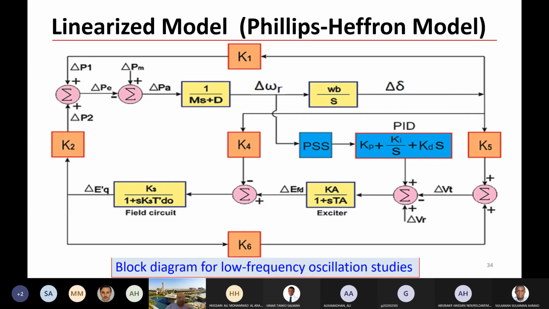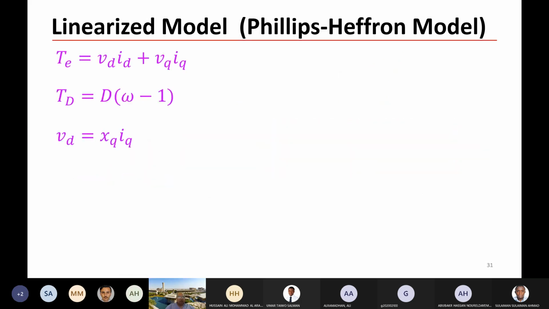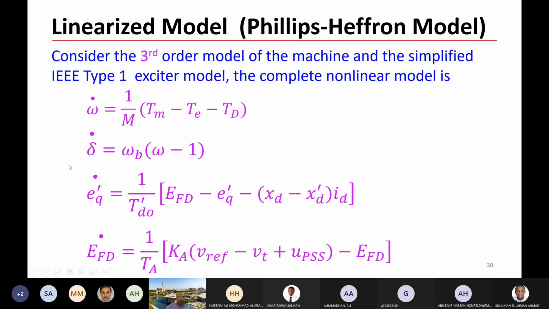This linearized model is simply, if you go back to these equations and try to linearize them. Can we linearize this one? Assume that we have a small change around the operating condition. Instead of omega dot, we have delta omega dot. So we have a disturbance.